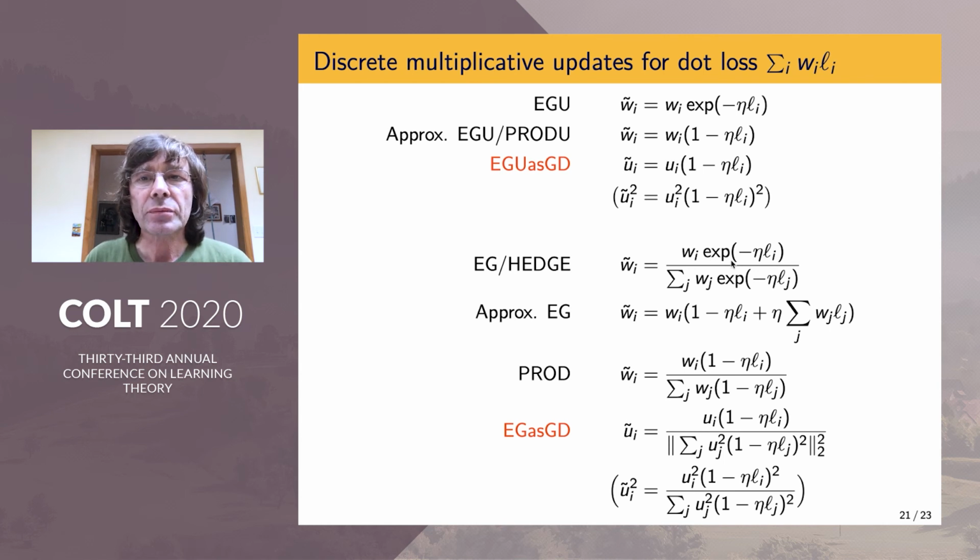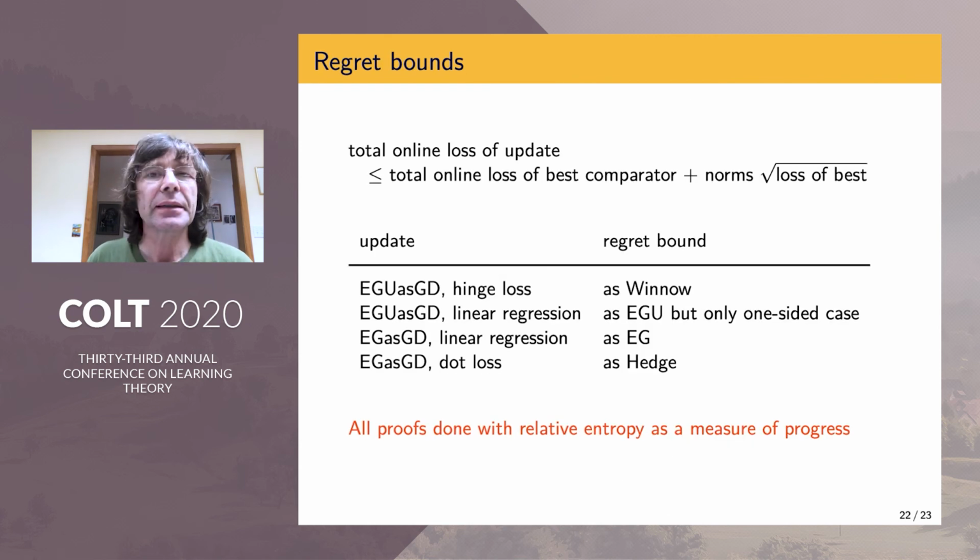And here's the update. The approximated EG update is this. That was mirror descent with respect to chi squared. Prod update approximates the exponential. That doesn't have a mirror descent interpretation, as far as I know. But our update is very similar to the prod update, but it works on the square roots, and then it squares, and subtle differences. If you look in the original weight domain, it would be this.